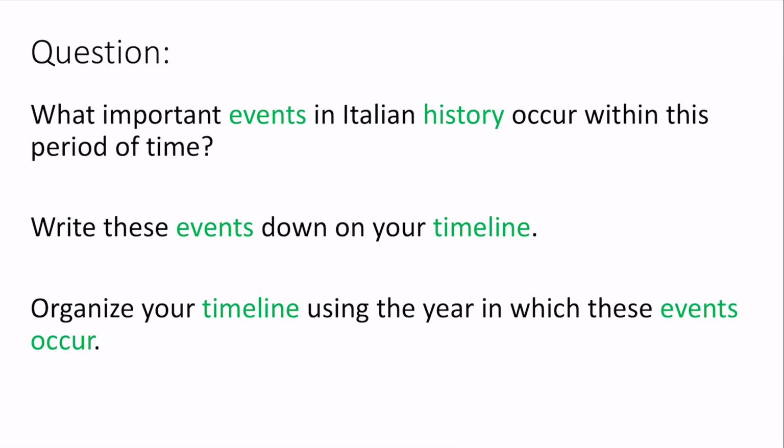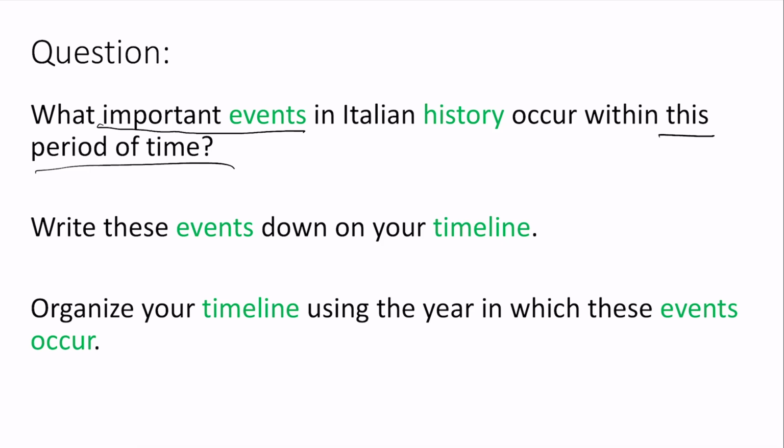So now that we have made our timeline, let's scroll back over and let's look. So here is my question that I have for you. This is to begin our warm-up. I want you to think to your history classes. Do you know any important events in Italian history that occur within this period of time?